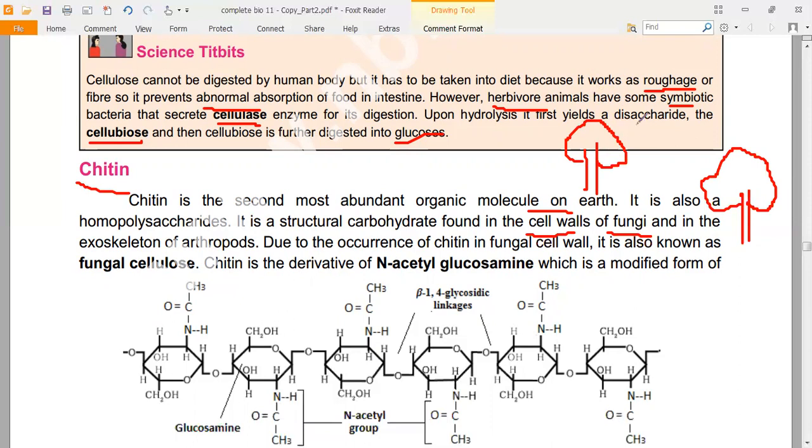In the cell wall of mushrooms as well as other fungi, the cell wall is made up of chitin, and it is also present in the exoskeleton of arthropods like insects. Arthropods are insects, like beetles and cockroaches. They have an exoskeleton, which means the skeleton is present on the body, not inside the body like us.